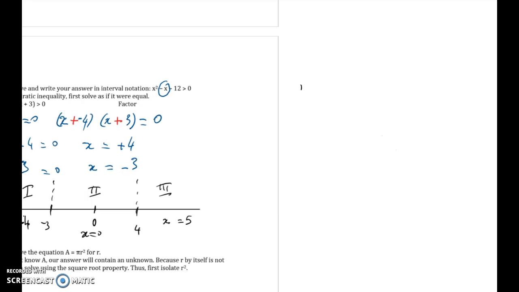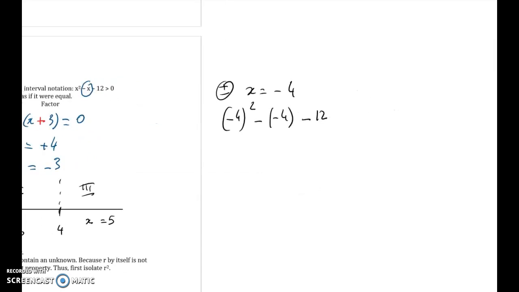For the interval number 1, x equal -4, I'm going to substitute x inside my inequality. So -4 squared minus -4 minus 12, and I need to check if that is going to be greater than 0. -4 squared is 16 plus 4 minus 12, that gives me 20 minus 12, 8. This is greater than 0, so the interval number 1 is okay.